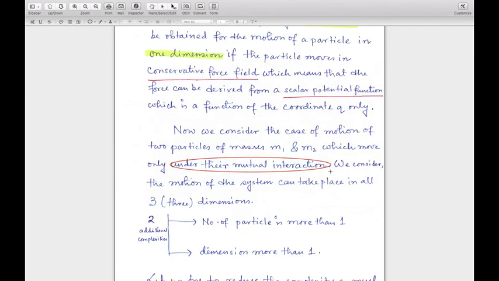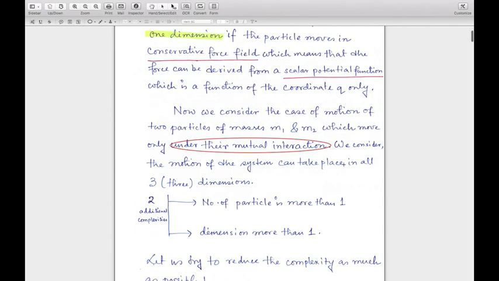The two particle system constitutes a closed system themselves, or an isolated system to be more precise. They are not exchanging mass with the exterior, but they are also not exchanging energy with the exterior. Under that situation, you can just, for example, think of the Earth-Sun system. Under that situation, the question is: can we solve exactly the problem?